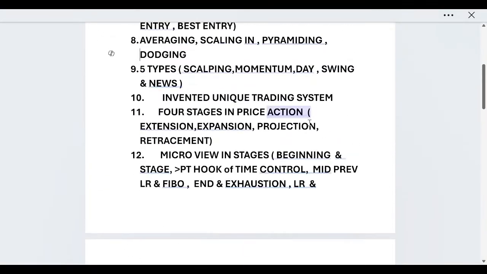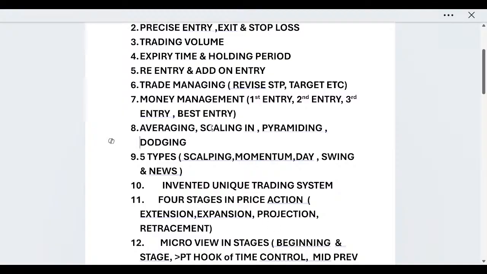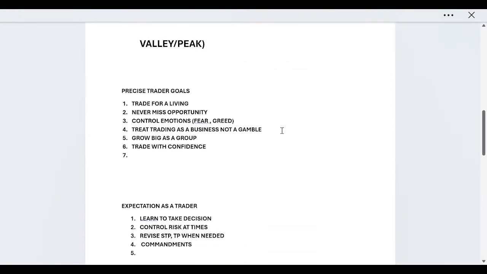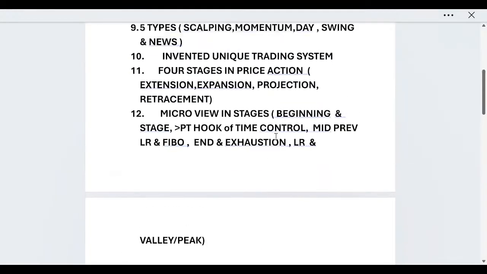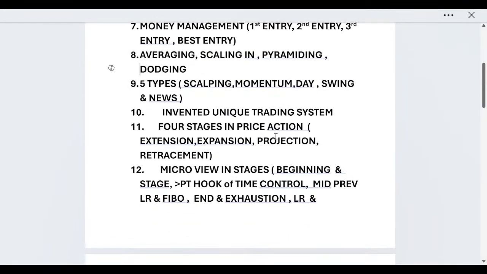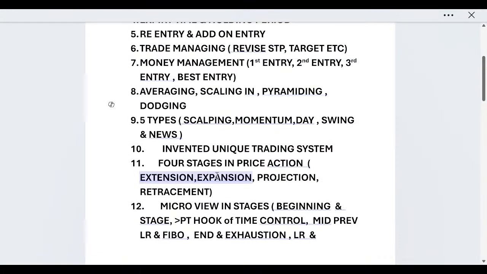Okay. So now I just want to show you one example so that you try to understand this. Then I also want to tell you later on, as a trader, what is expected from you and how you can manage the trade with ease. Now I'm going to discuss with you the 4 stages of price action and also the micro waves within the stages.